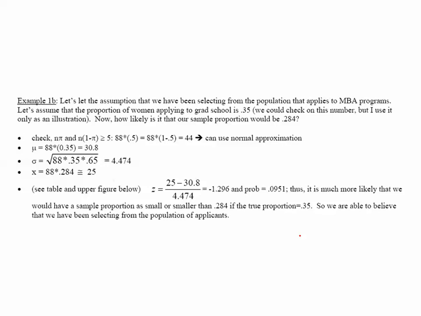Now let's use those same calculations and look at the second example. In this case, we don't expect 44. We expect 30.8, because our population proportion, or the pool of candidates that we're drawing from, is now 0.35, and 0.35 times 88 gives us 30.8.